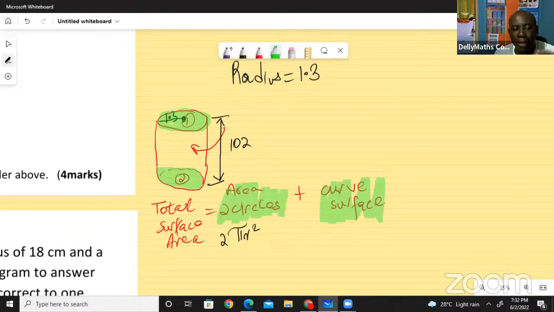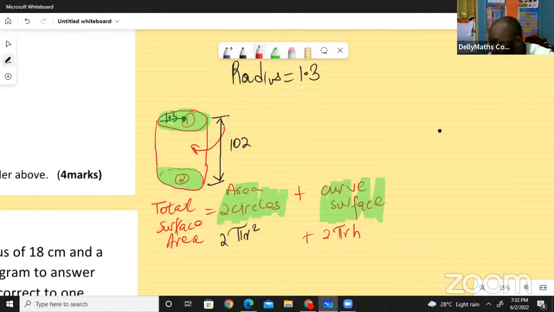So you have the area of 2 circles to find, plus the tissue-holder-looking curved brown part going around. You need to make a note of this because the formula will not be given to you. So I'm telling you now, it's 2 pi r h.